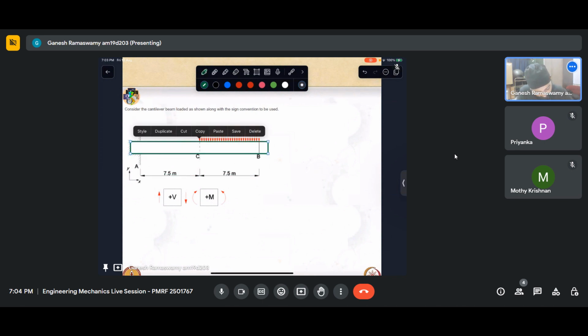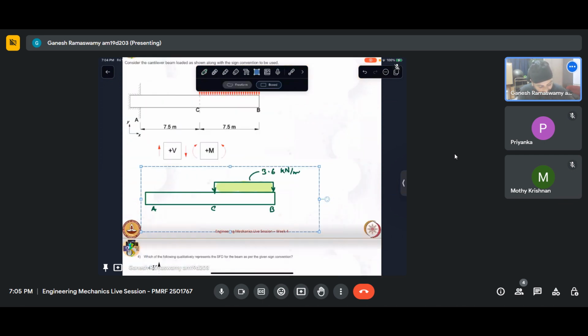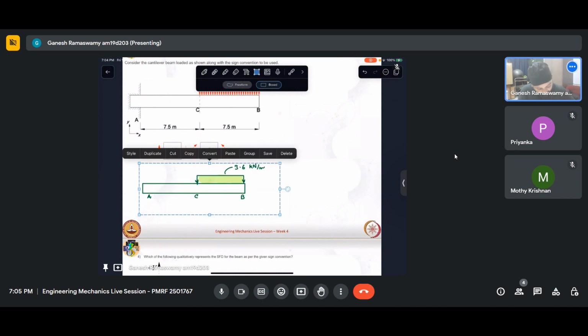So I have a beam and then I have a load applied like that. This load is 3.6 kilonewton per meter. This is point C, point A, point B. At A, I know that it's a fixed end.